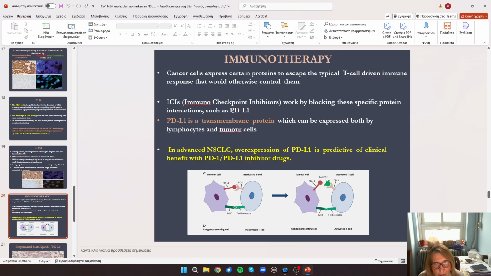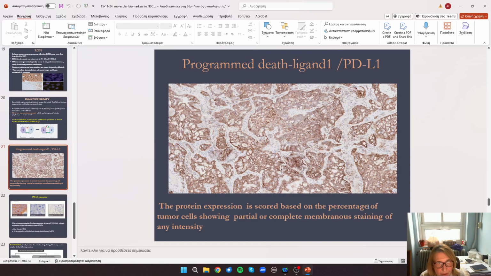Such a protein is programmed death ligand 1. This protein is a transmembrane protein and can be expressed both by lymphocytes and tumor cells. In advanced non-small cell lung cancer patients, overexpression of PD-L1 is predictive of clinical benefit with specific inhibitor drugs. The method we use to detect this protein is immunohistochemistry.